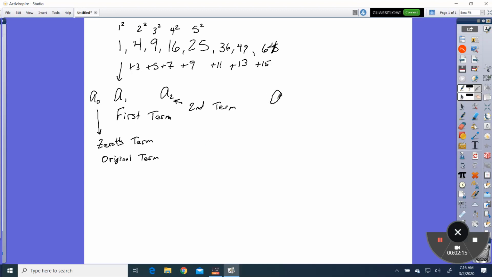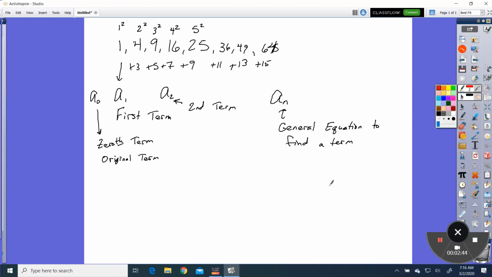Now here's An, which is going to be the general equation to find a term. And I don't know if we'll get into this one.